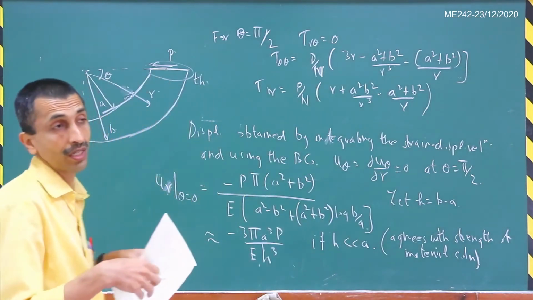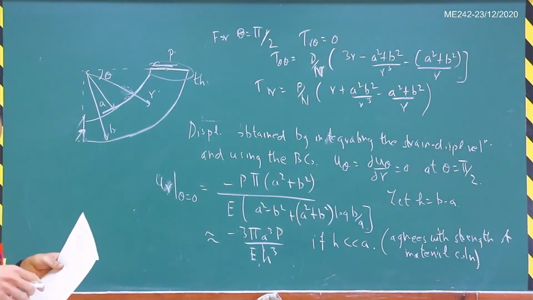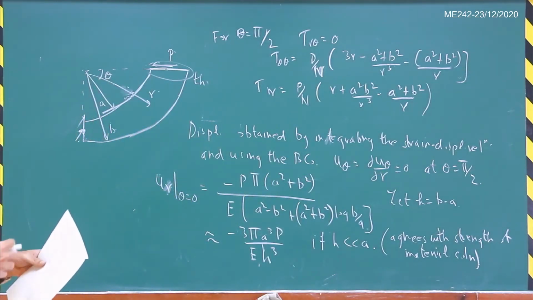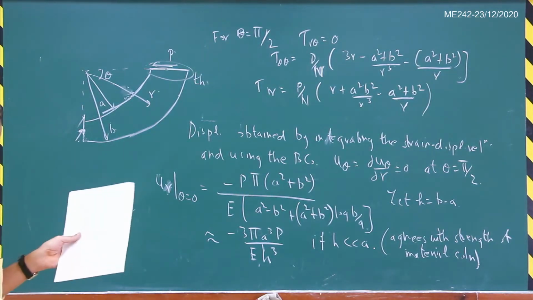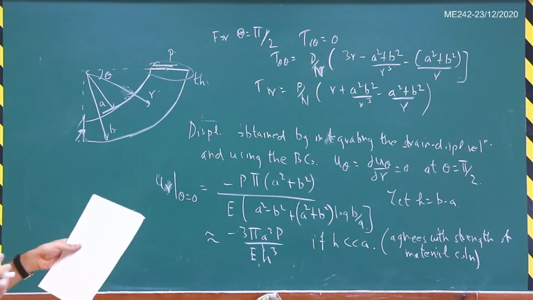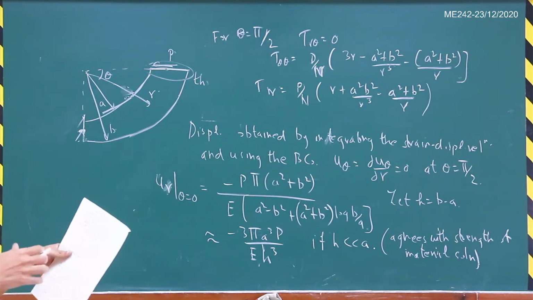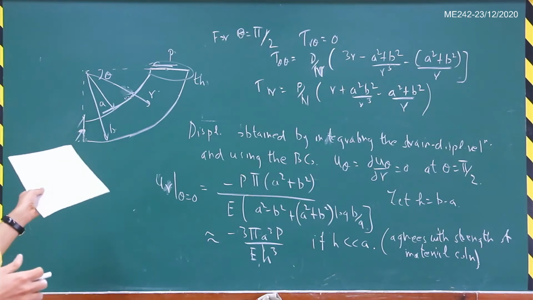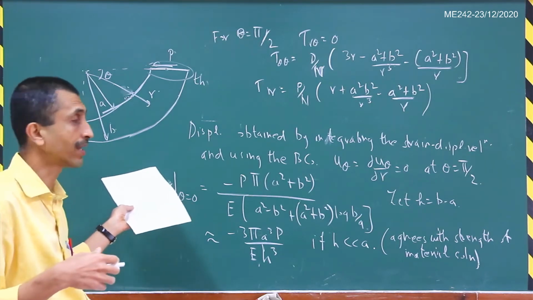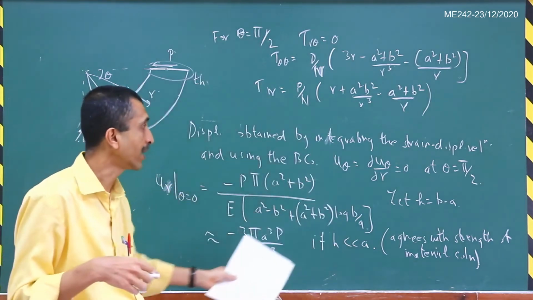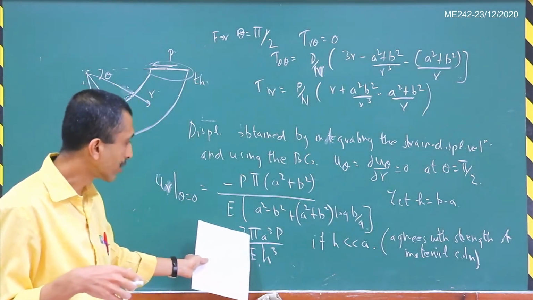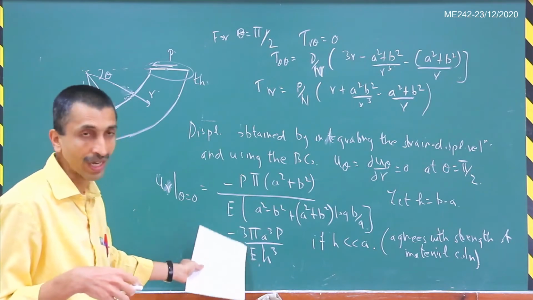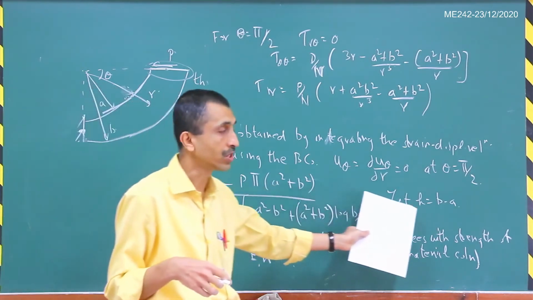Even in the previous class we saw that for the curved beam subjected to a bending load, the strength of materials solution was recovered as an approximation. Similar thing is happening here also: we have the exact solution, whatever we have derived here, and the strength of materials solution is obtained as an approximation when h is small.